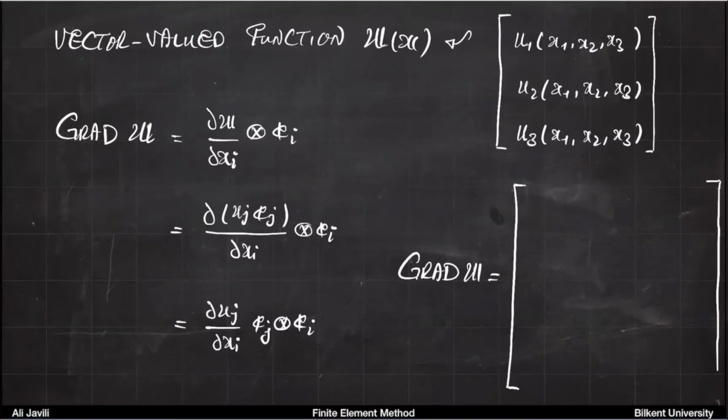And then again, if it is 3D, it's going to be 3 by 3. If it is 2D, it's 2 by 2. But then it's like this. Derivative of u1 with respect to x1 comes here. Then derivative of u1 with respect to x2, derivative of u1 with respect to x3.